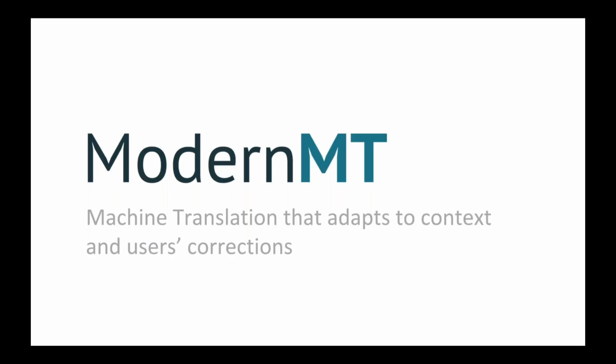Are you saying basically that, for example, when a translator uses Modern MT and starts translating the text, if the translator does any type of correction, this Modern MT is going to learn from these corrections and it's going to be even better next time? That's precisely it, Claudia.